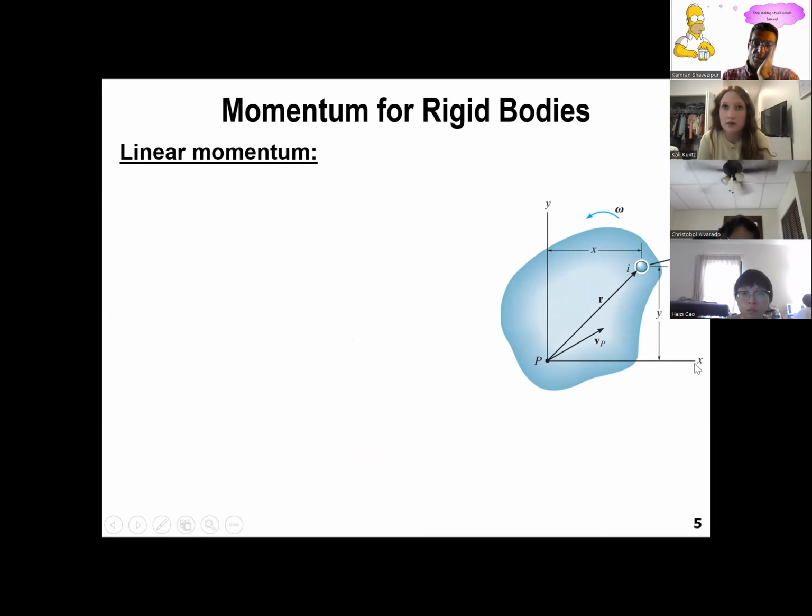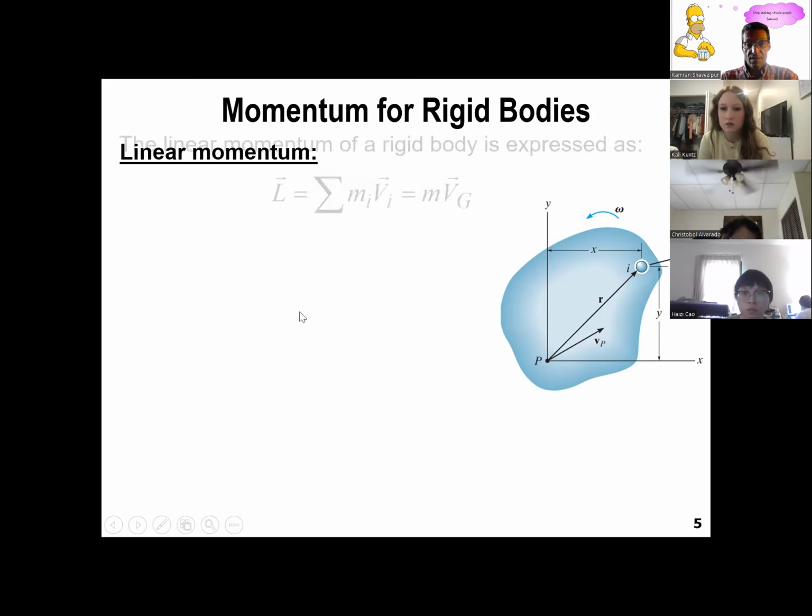You put your reference point on one point on the rigid body, like P. Each infinitesimal part of the body could have a velocity of vi. P has vP. You're going to have a center of gravity, which has vG, right?